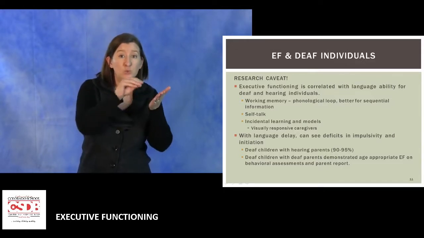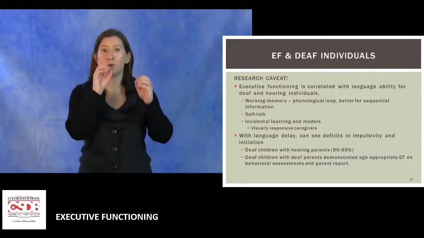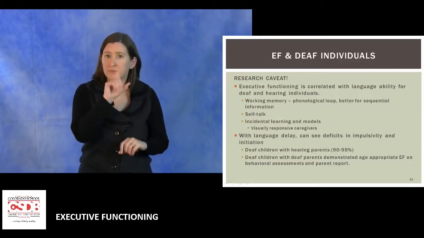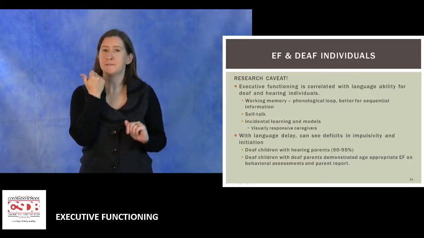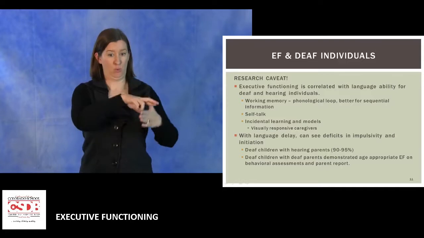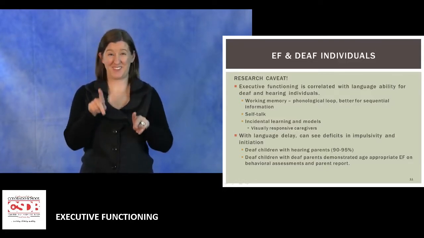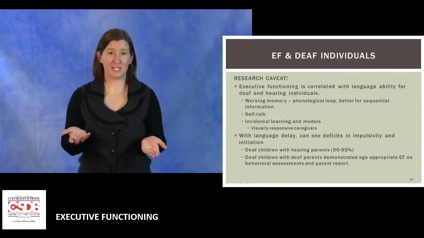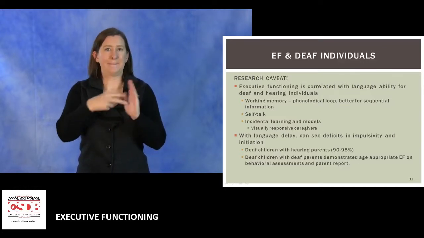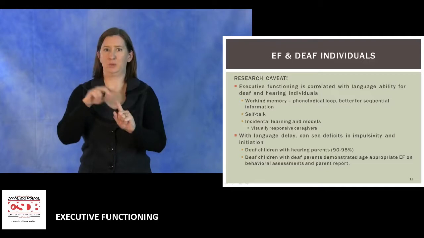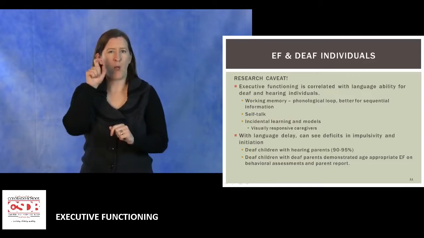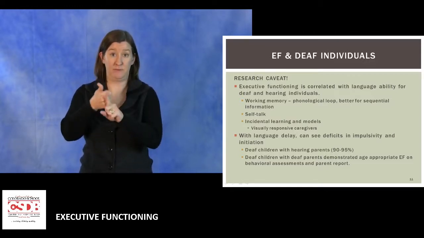Sometimes they're college students or they have no other disabilities. And so the results of those 20 people will just be for that group. And it may not apply to all groups. So you have to check that research for yourself.